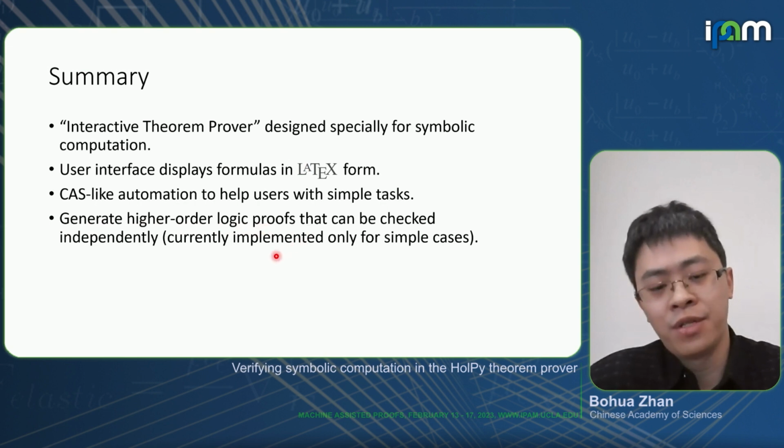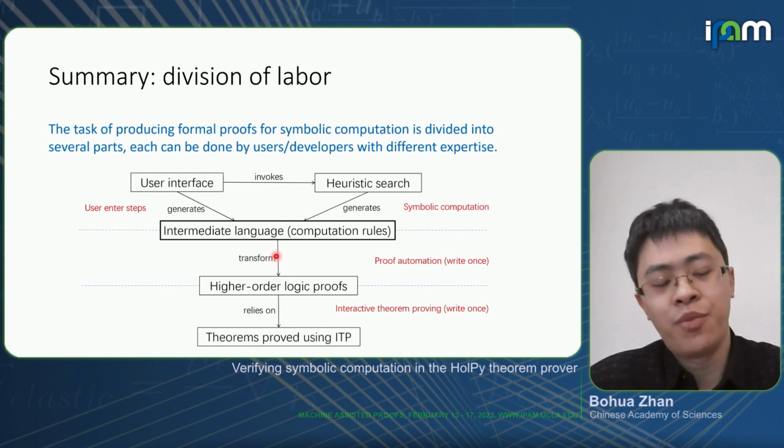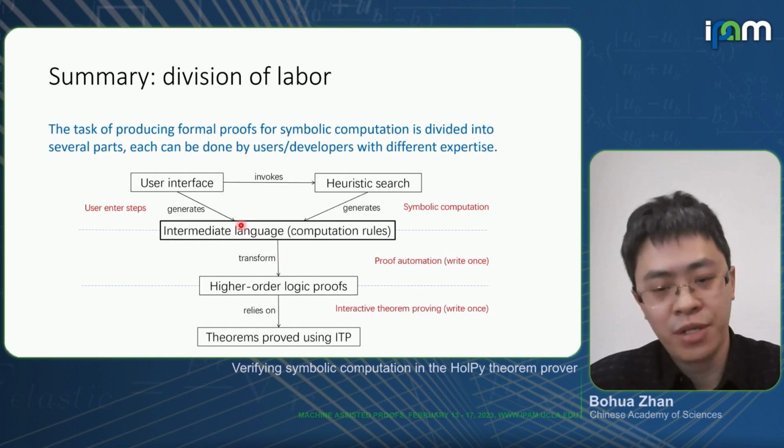And as I said before, this is currently implemented only for the simple cases, only for the simple steps of computation. And I think a very nice thing about this design is that what we wish to achieve is to divide the task of producing formal proofs for symbolic computation into several different parts, each of which can be done by users or developers with different kinds of expertise.